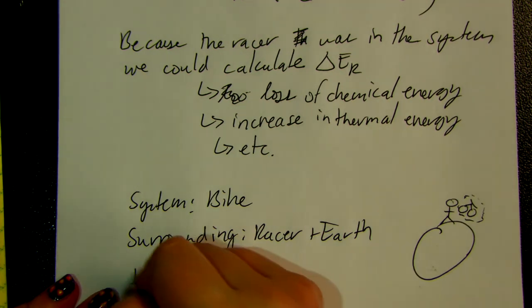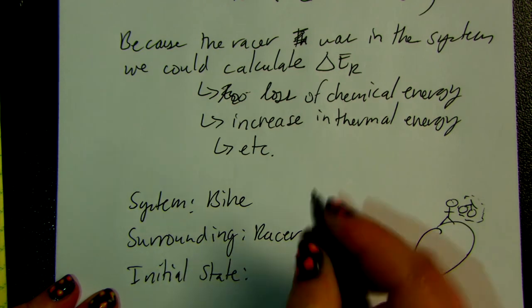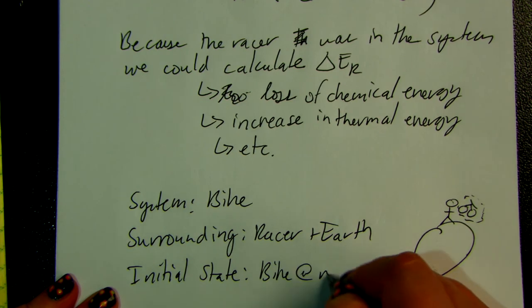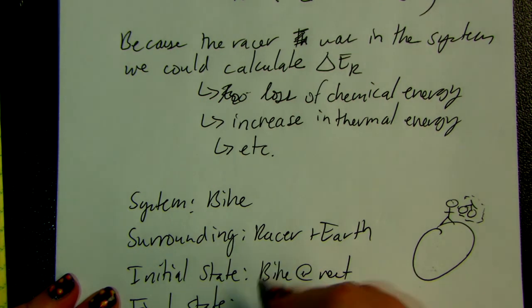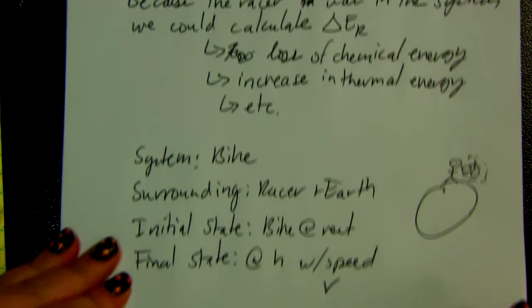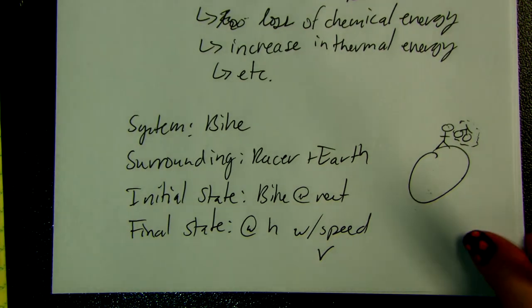Okay, so our initial state is the bike at rest, and the final state is at h with speed v. All right, so this is the system we are now going to do the energy principle on.